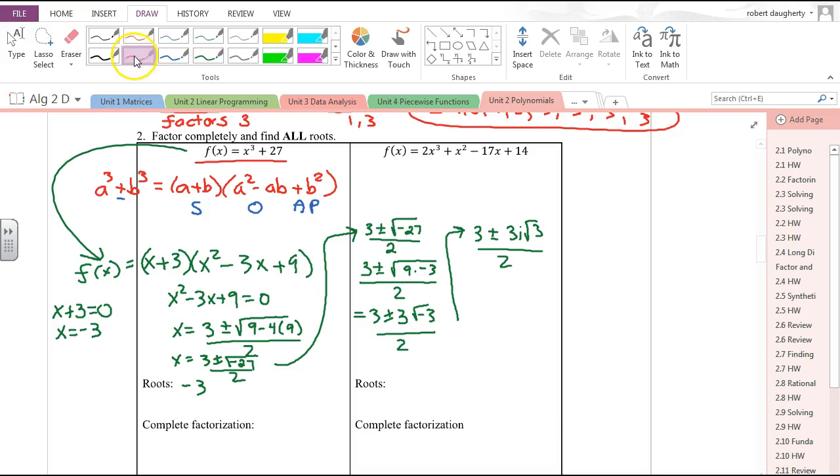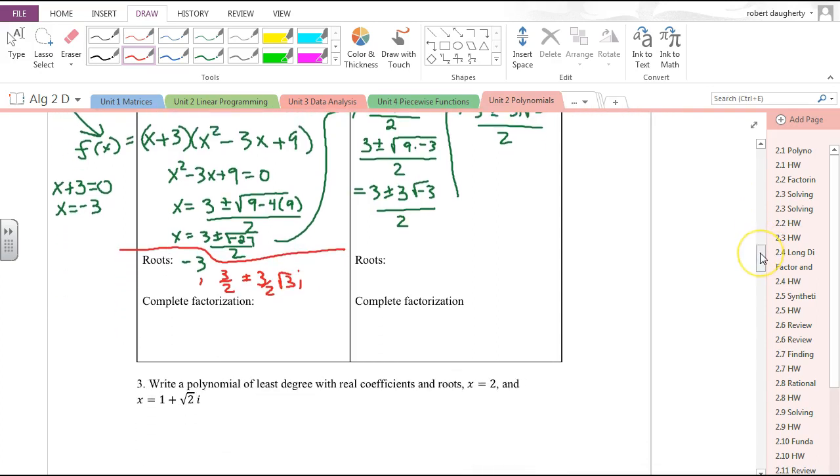So back over here, and sorry I ran out of room, so I was listing the roots. So I've got negative 3, and then I'm going to have 3 halves plus or minus 3 halves square root of 3 i. Those are my roots.